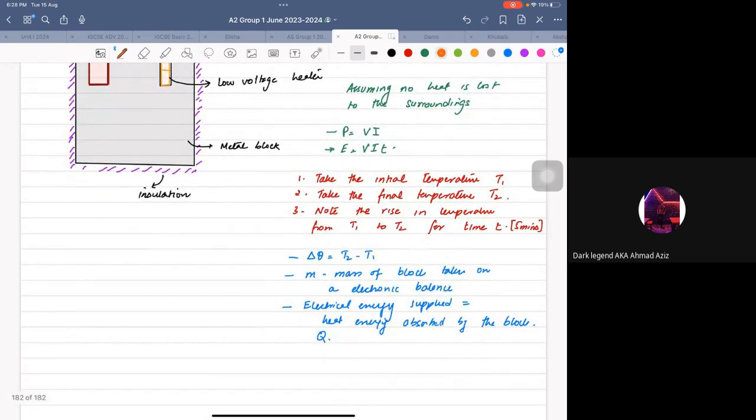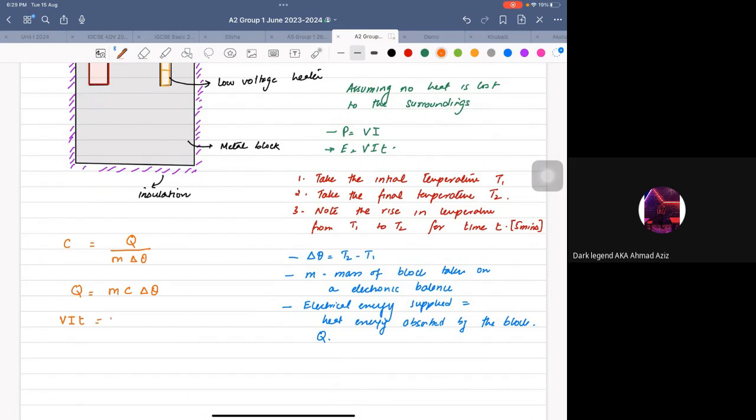All right. Now, all you do then is you use the formula. Specific heat capacity is given by heat energy divided by m delta theta. So you can write the equation like the heat energy can be written as mc delta theta, where heat energy will be equal to voltage times current and the time for which the heater was on.